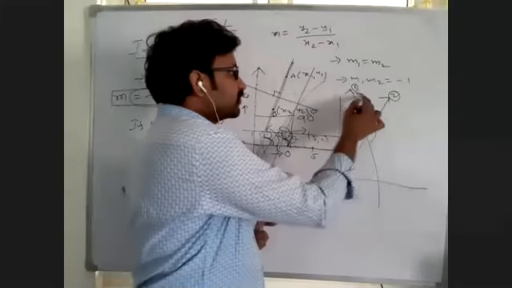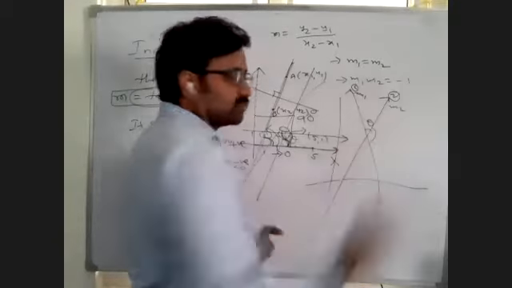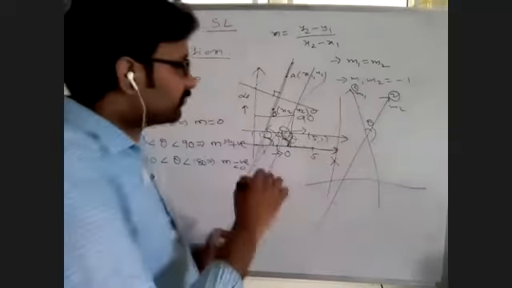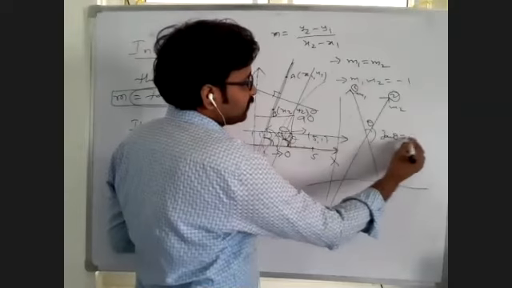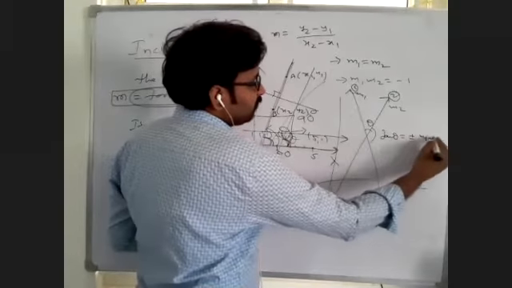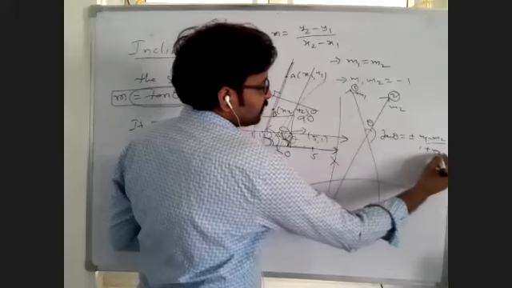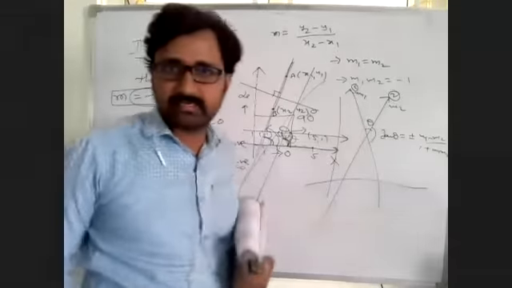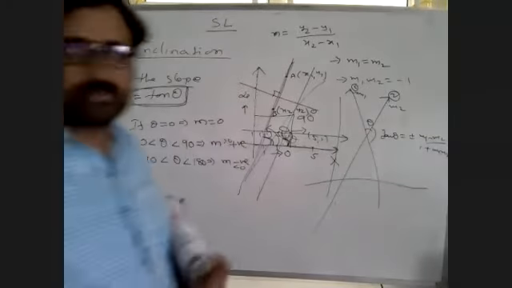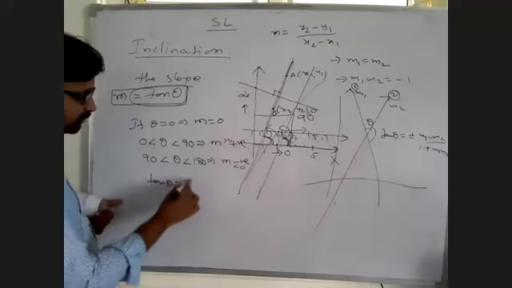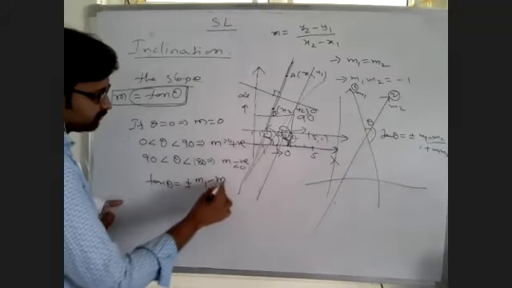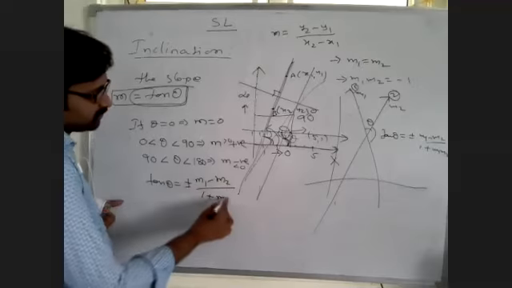Take the slope of this one as m1, this one as m2. Then the formula to find the angle between these two is tan theta equal to plus or minus (m1 minus m2) by (1 plus m1 m2). This also you know already. I am writing here: tan theta is equal to plus or minus (m1 minus m2) by (1 plus m1 m2).